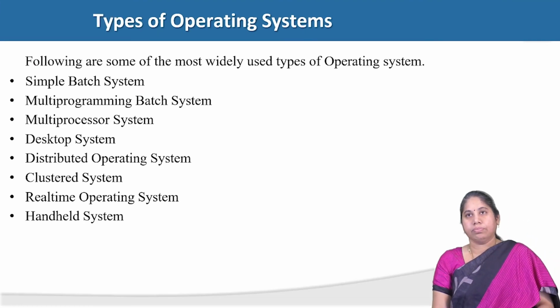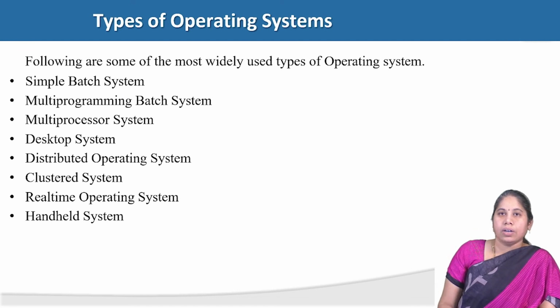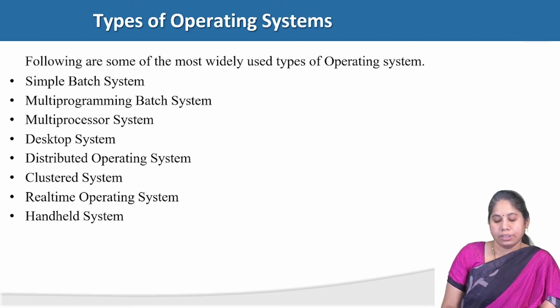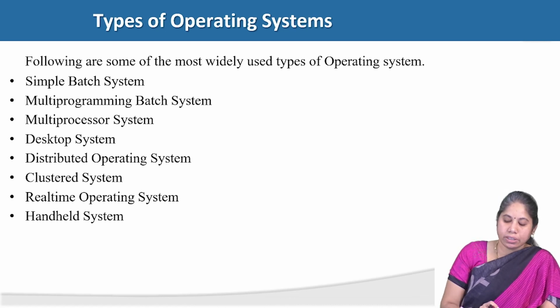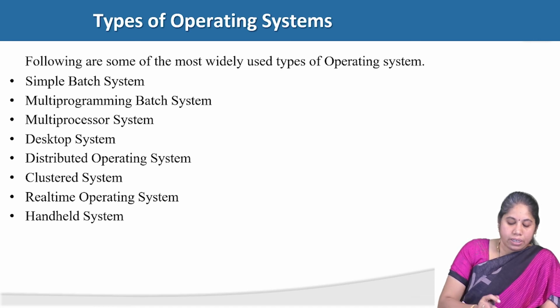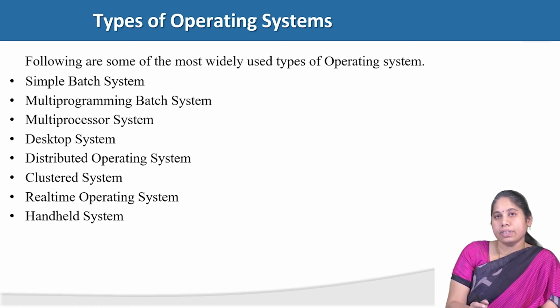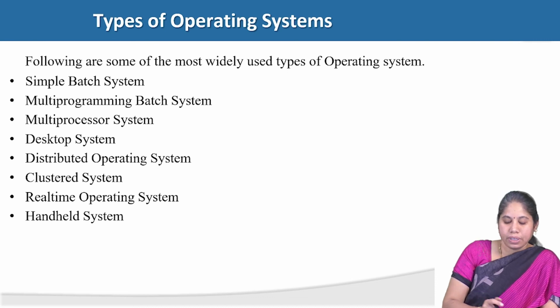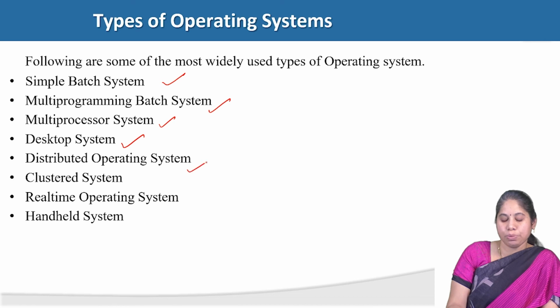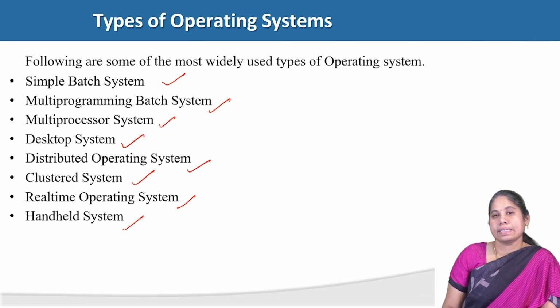Now, in the next session we will look at the types of operating system. These are the evolution of different operating systems: simple batch system, multi-programmed batch system, multi-processor system, desktop system, distributed operating system, clustered system, real-time operating system, and handheld system.